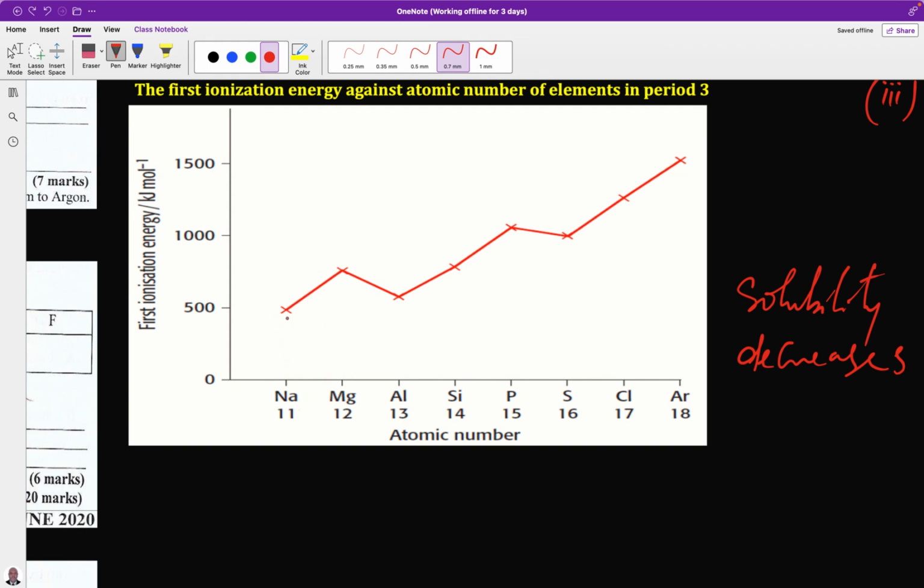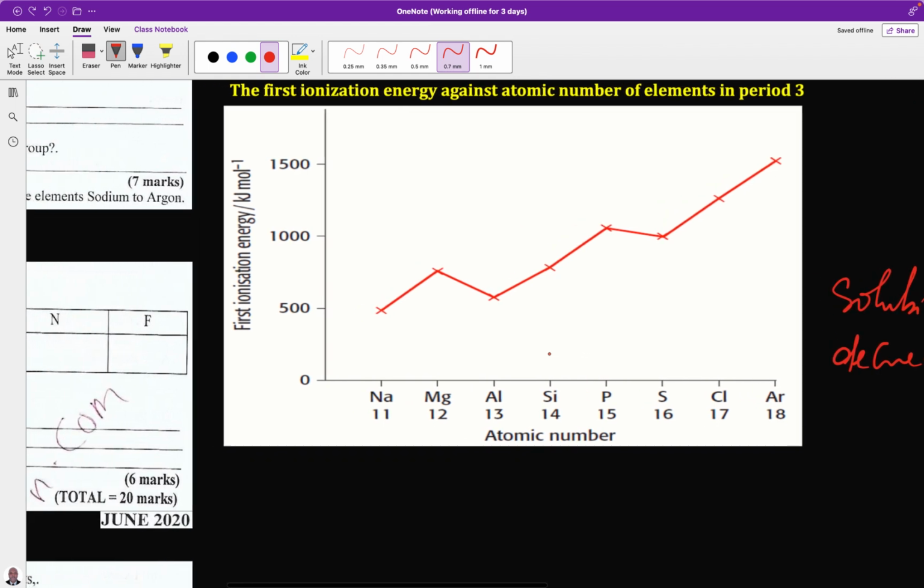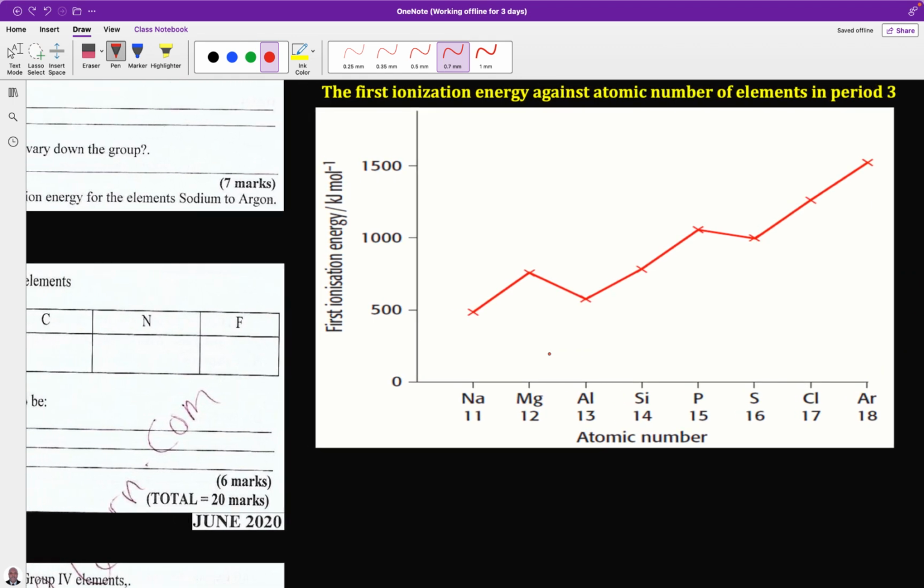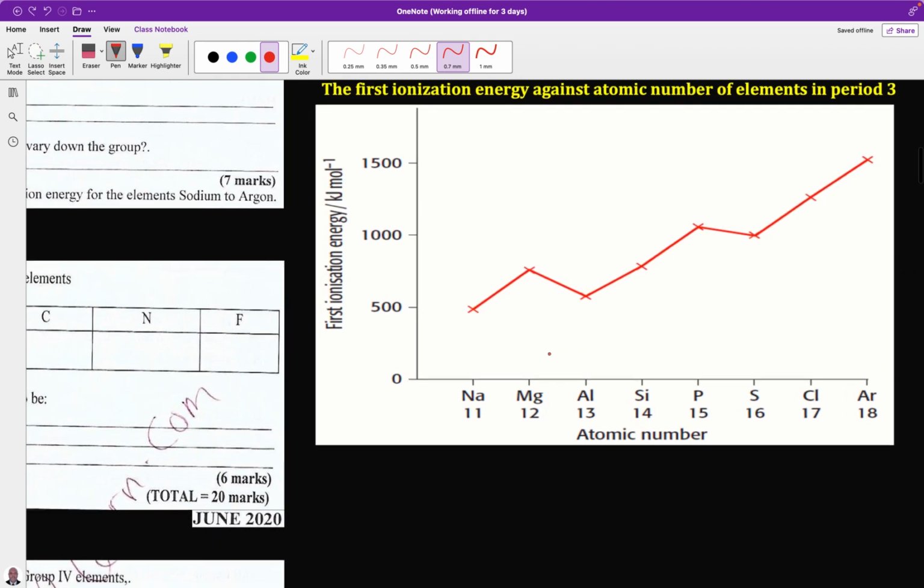It starts right down from sodium, right up to magnesium, and then drops. Then again it increases to phosphorus and then drops at sulfur. And now it increases. So that is how the whole thing is, like in a zigzag form. Consistently increasing except at group 13 and group 16.